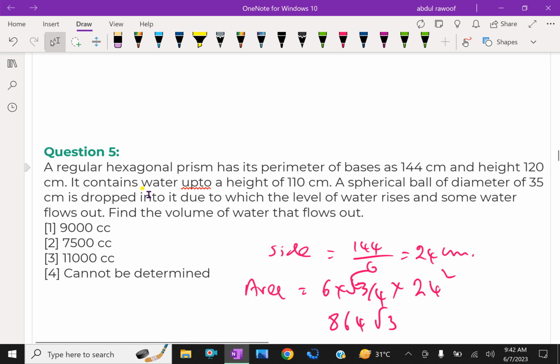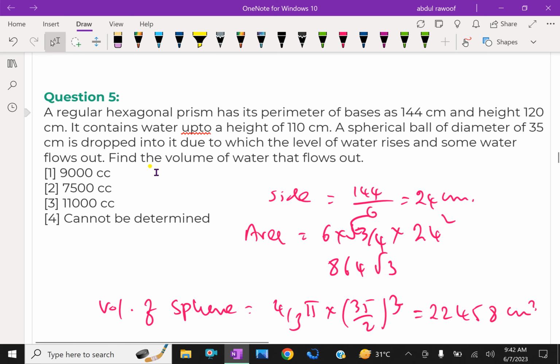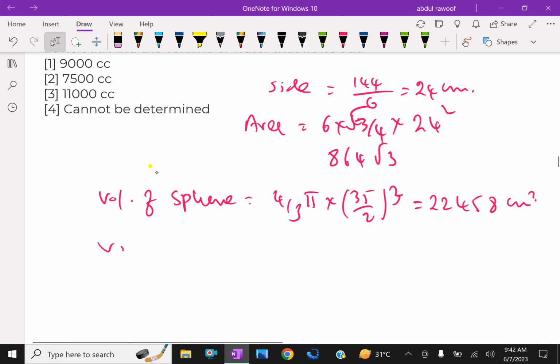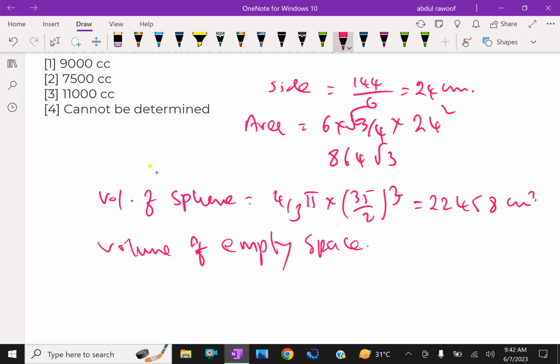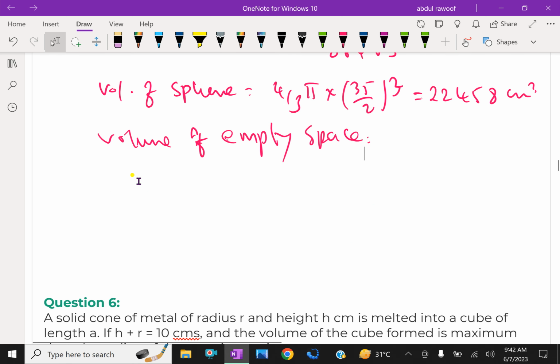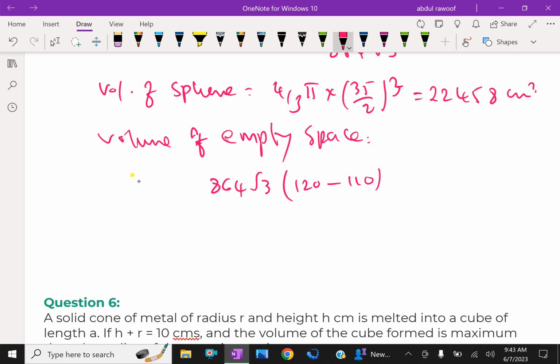Volume of empty space, because the height of the prism is 120 centimeter and it contains water already 110 centimeter. Therefore, volume of empty space is equal 864 root 3 into 120 minus 110, which is equal 864 root 3 into 10.